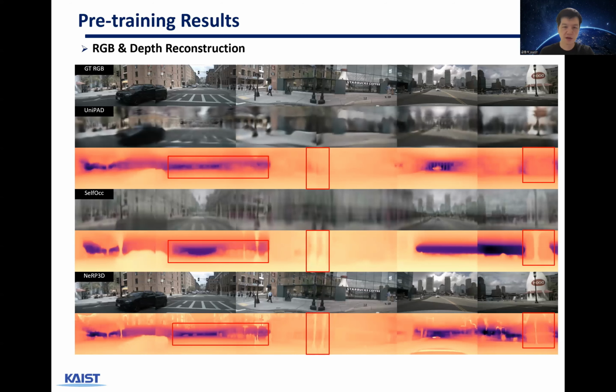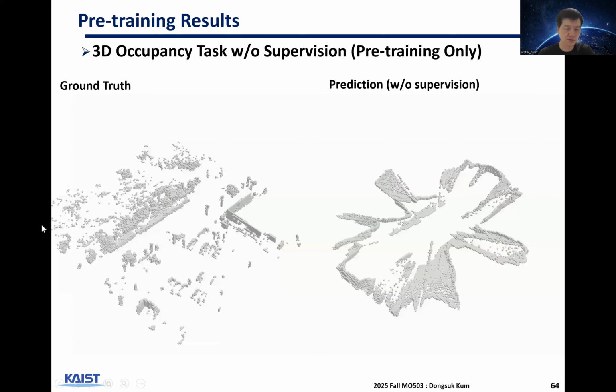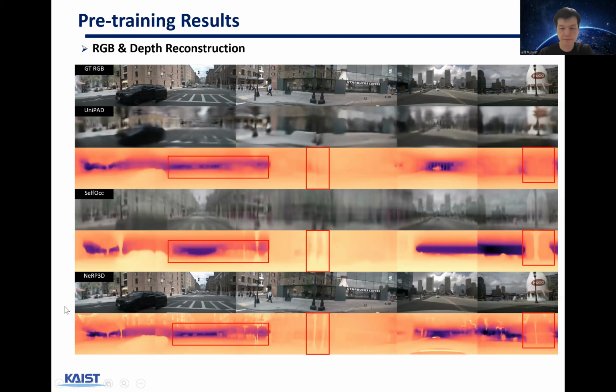This is one of the early works, and Self-OCC improved that a little bit, but still not great. But if you look at our work, NeRF-3D, the RGBD and depth reconstruction is quite good compared to GT. Okay.